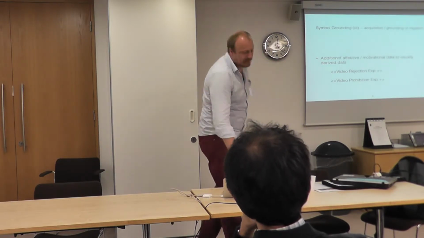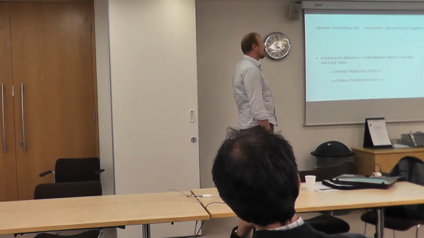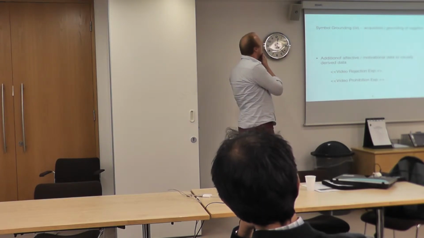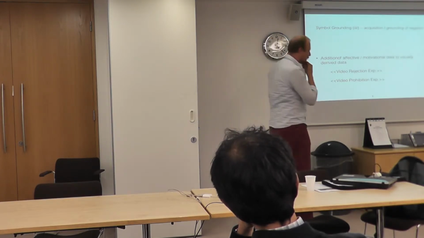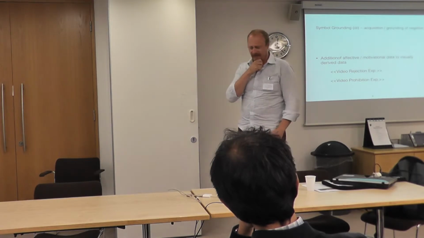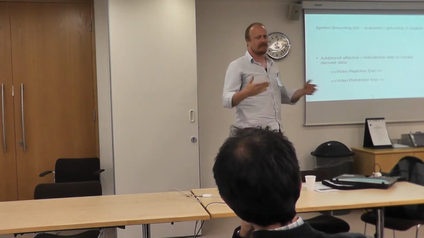The extension of this project was the acquisition of negation. My idea was, if you read the psycholinguistic literature, you always find that the first meaning of no seems to be heavily affective. You need some kind of affect.